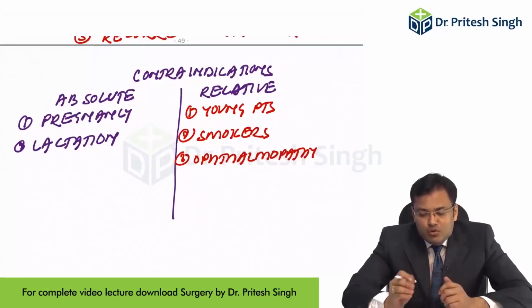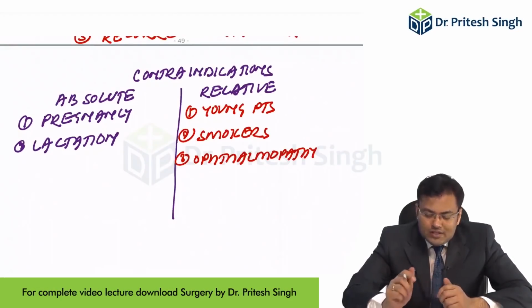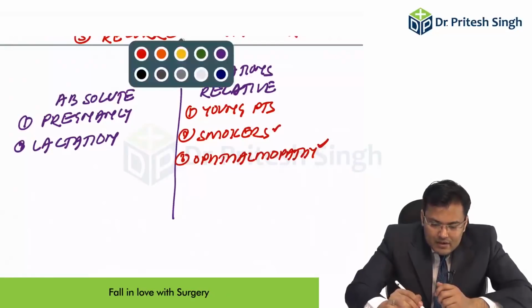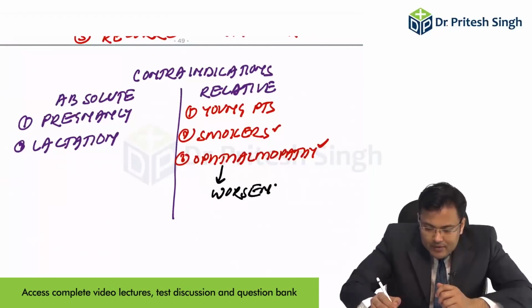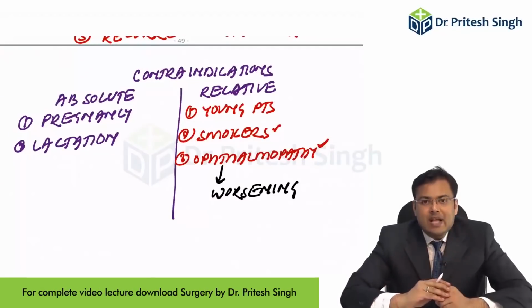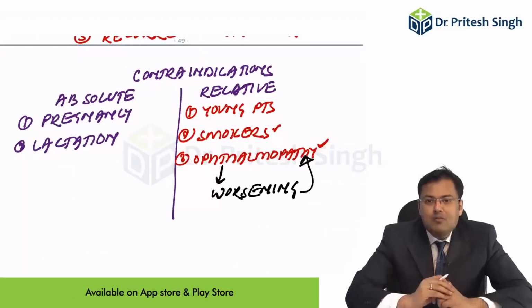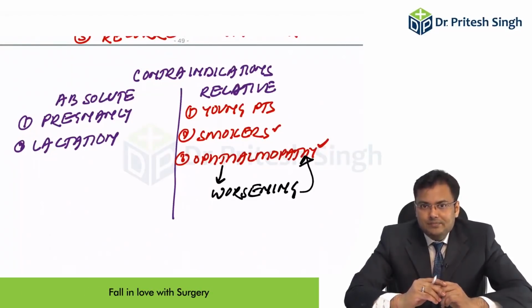Because I don't want to expose the patient to the gamma rays. Smokers and ophthalmopathy: in these two cases, after use of radioactive iodine, there is actually worsening of ophthalmopathy. So these are relative contraindications.